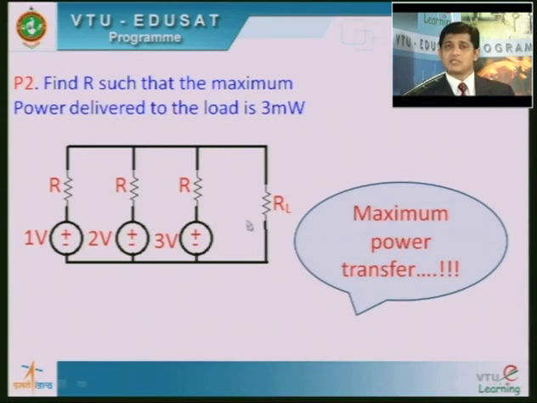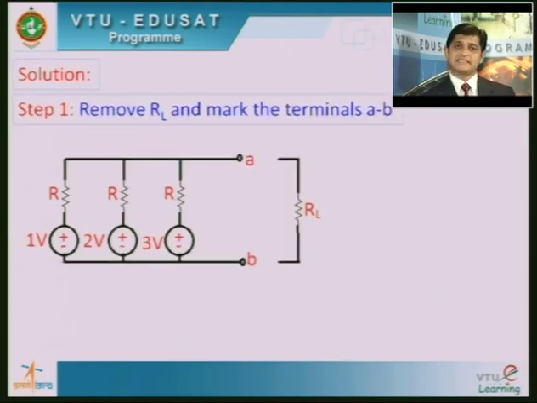Let's not bother about this RL as of now. Let's keep this aside and just deal with this part of the circuit. Soon after you take this off, we'll have 2 open circuit terminals, and let's name those open circuit terminals AB.